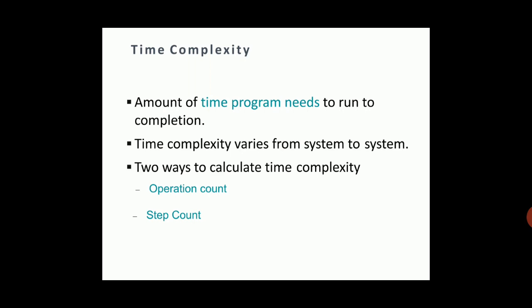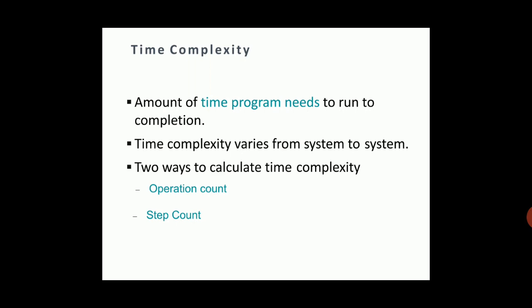That means the running time of a program as a function of the size of the input, the amount of time a program needs to run to completion. Time complexity varies from system to system: if your peripheral devices are not very fast and up to date, the same program can take different time on different systems.